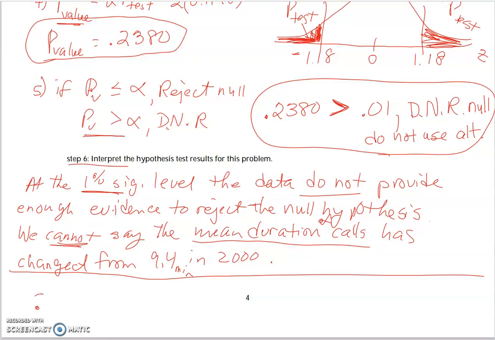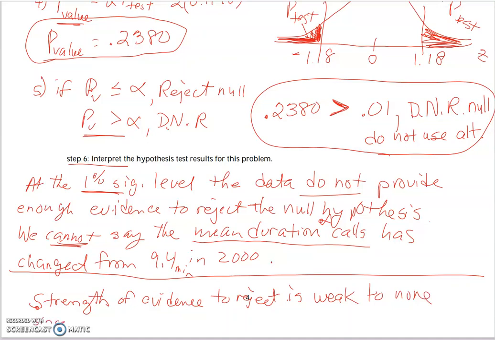So you would say the strength of evidence to reject is weak to none, since the p-value is greater than 10%, greater than 10% or 0.10.